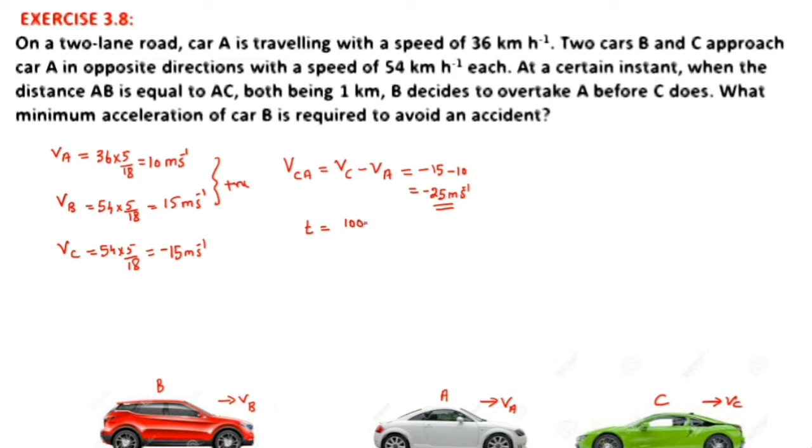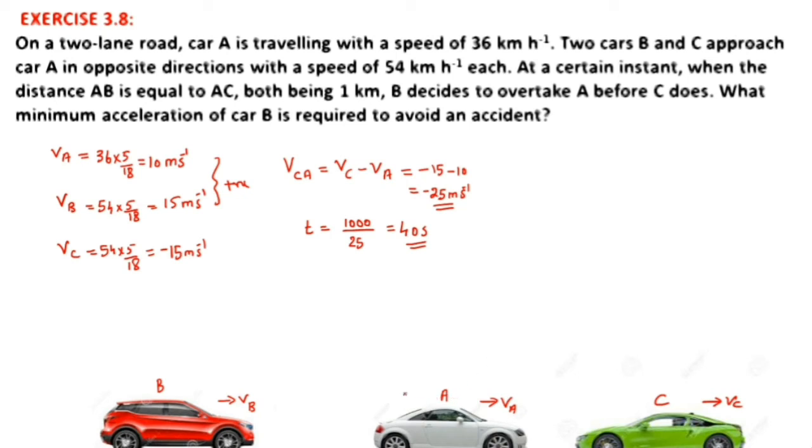Time is equal to distance divided by velocity, so 1000 divided by the relative velocity of the car with respect to A, that is 25 meter per second. We get 40 seconds as the time. So within 40 seconds, car C can overtake car A.